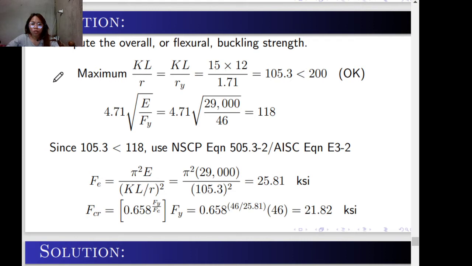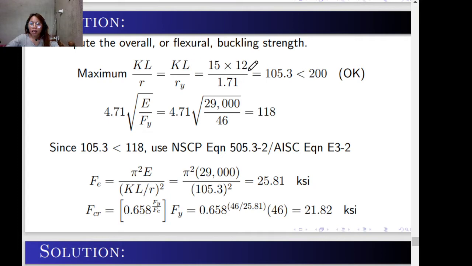So to get the maximum, this R here, the radius of gyration, should be, as we discussed already, the minimum radius of gyration, or the R sub Y. This can be seen in the table of values from the AISC manual.